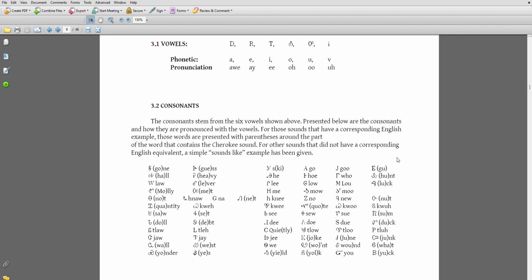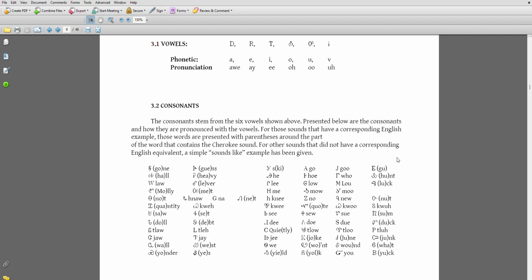Tla, tle, tli, tlo, tlu, tlun. This one is also pronounced with an H, where it would be hla, hle, hli, hlo, hlu, hlun, where you're just replacing the T with an H. How you produce that is you say "law," but you breathe out through your mouth as you say it.